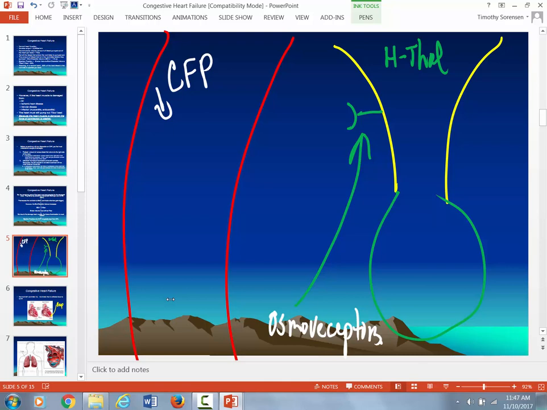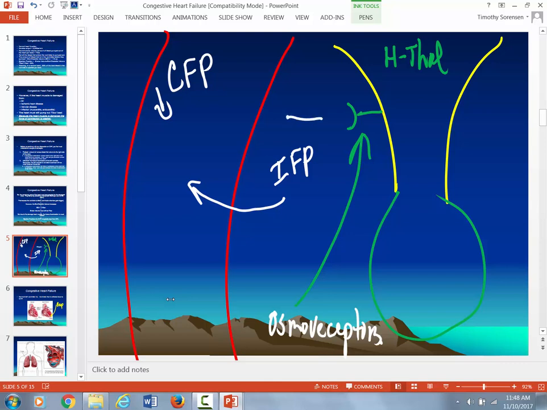Now watch. There's going to come a point when interstitial fluid pressure becomes greater than capillary fluid pressure. And by pressure, water from the interstitial space will be pushed into the capillaries to try to maintain your blood volume.